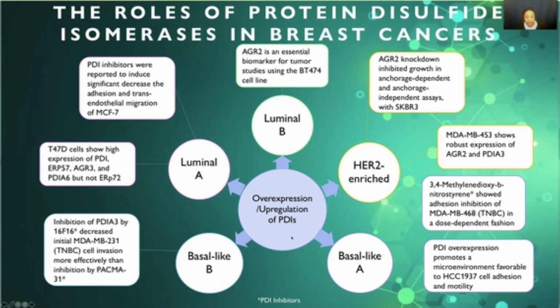And for both of the basal-like types, which are also considered TNBC or triple negative breast cancer, PDI inhibitors showed adhesion inhibition in a dose-dependent fashion, even more effectively than PACMA31 alone.